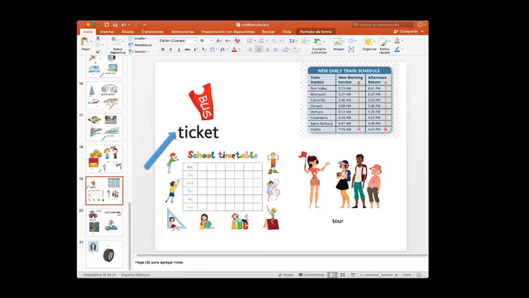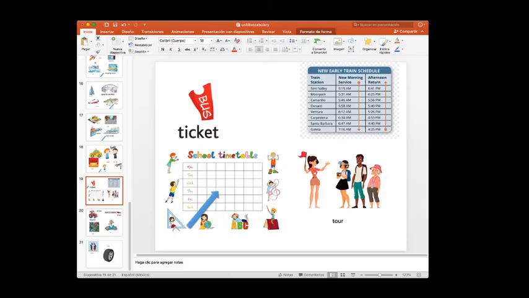Okay? And we have here the school timetable. A timetable is only the table that is divided in little squares. Maybe it appears 7 a.m., 8 a.m., 9 a.m., and things like that. But there are no activities written on it.